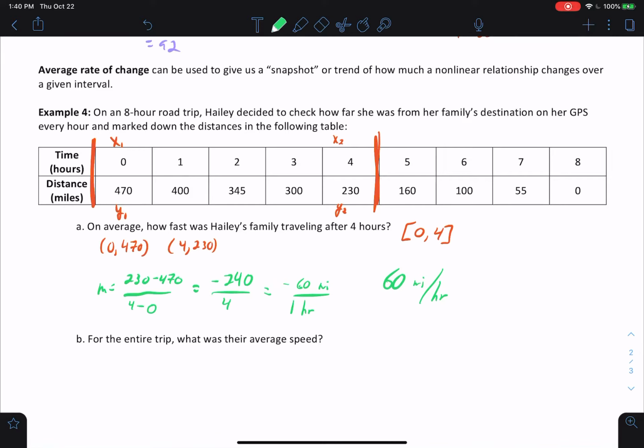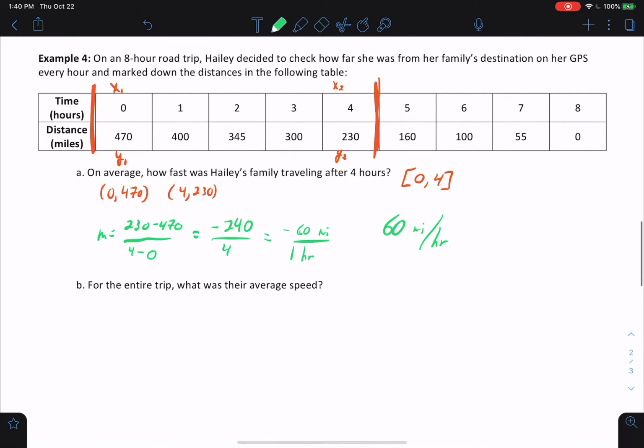All right, which means that the distance away from their family's destination is going away at a rate of 60 miles per hour. Okay, so they're traveling at a rate of 60 miles per hour, or they're getting closer to their destination 60 miles an hour. All right, for the entire trip, though, what was their average speed?